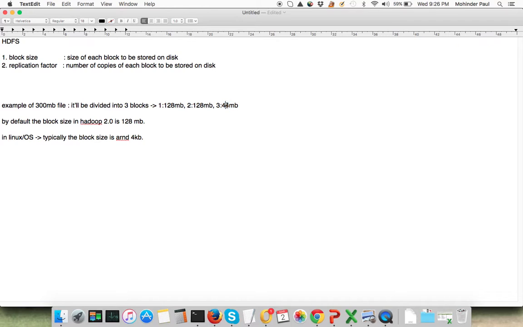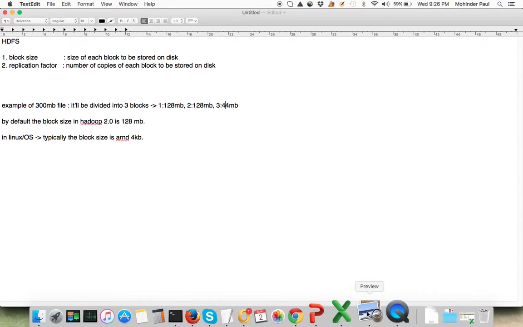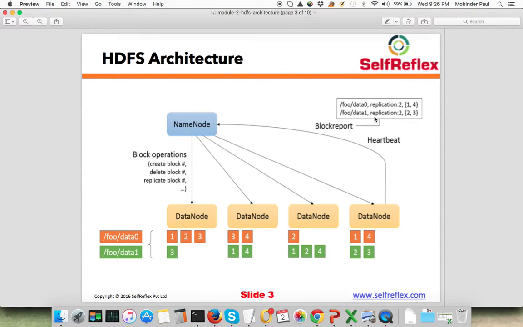It's not wasted. The reason is that your name node, when it maintains the metadata of a file, also maintains exactly what the block size of a particular block is. So it doesn't consider that every block is 128 MB.